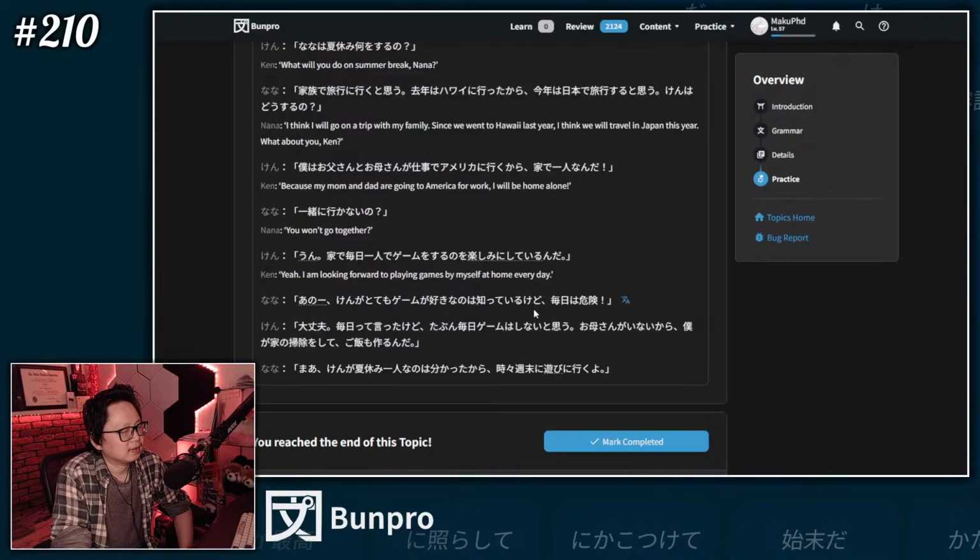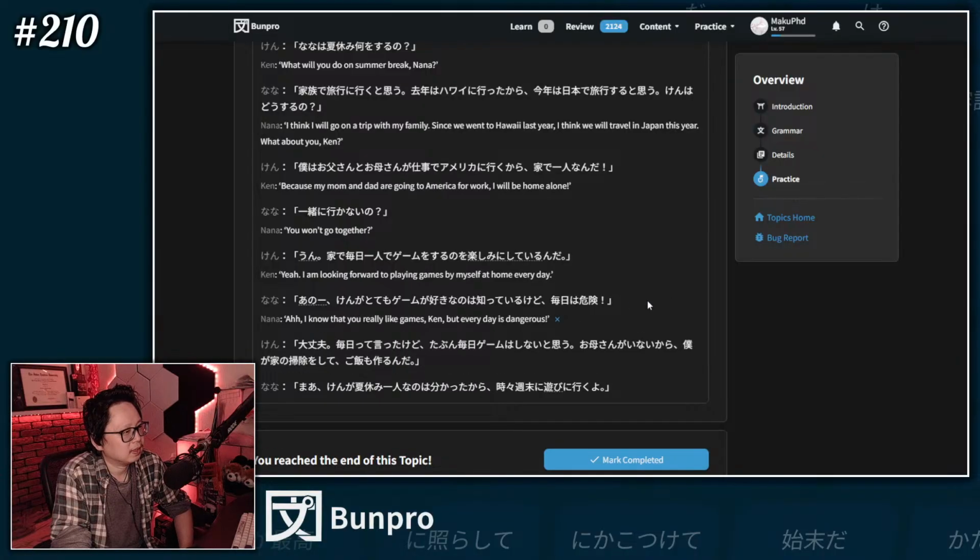Something like, did you know that, the games you like very much, every day is dangerous. So like, every day is dangerous. Like, if you know you really like games, but every day is dangerous, suggesting playing the game every day is dangerous. Like, as in, you should touch grass sometime. I basically just read this as go touch grass.